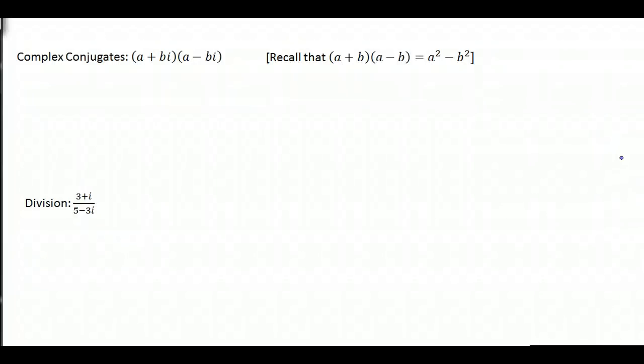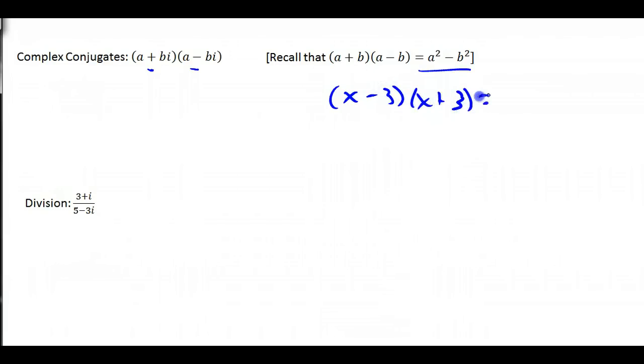Now, a special case of complex multiplication involves conjugates, when we have a plus bi times a minus bi. And remember that just multiplying real numbers in that form is called the difference of two squares. So for example, if I have x minus 3 times x plus 3, that's equal to x squared minus 9. I just square the two terms and then subtract.